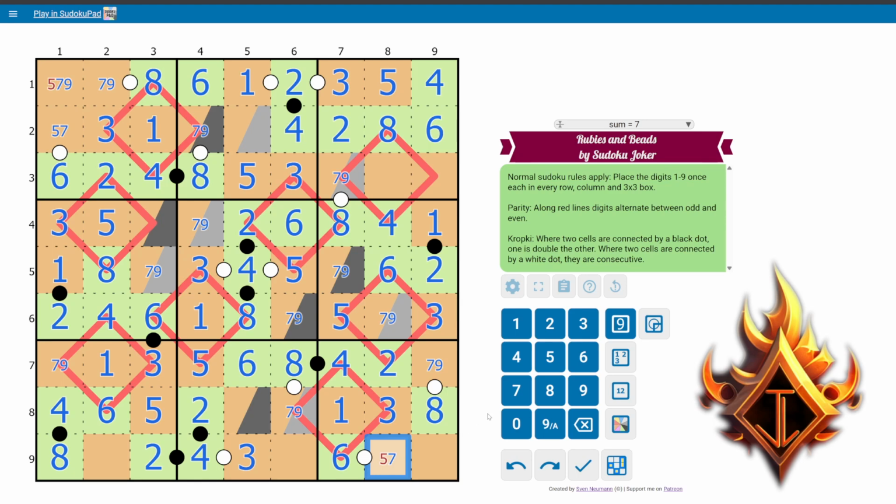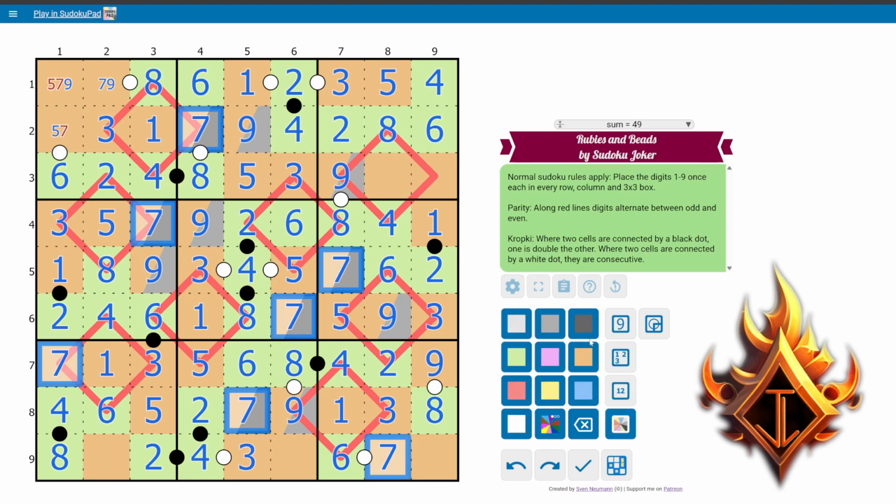So that becomes 7. That becomes 9. So 9 is light. And dark is 7. Okay. That's probably enough for the light and dark effect.